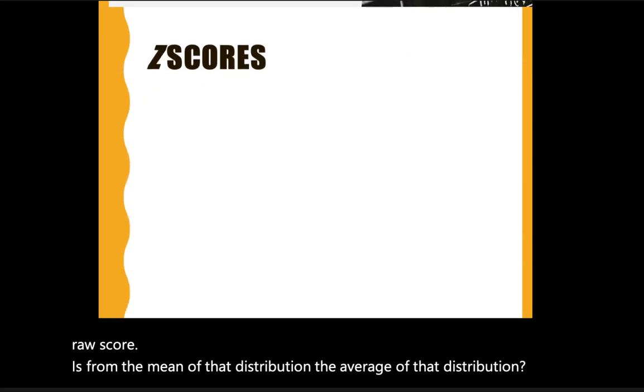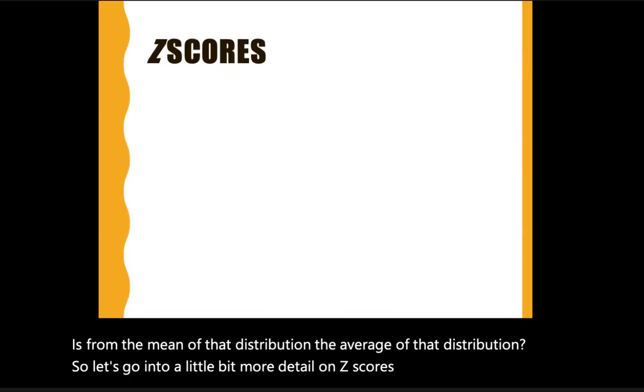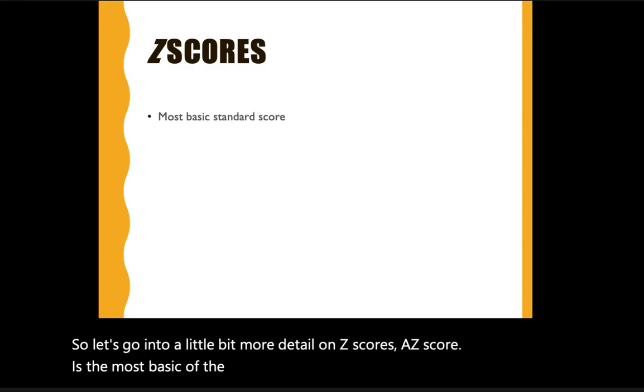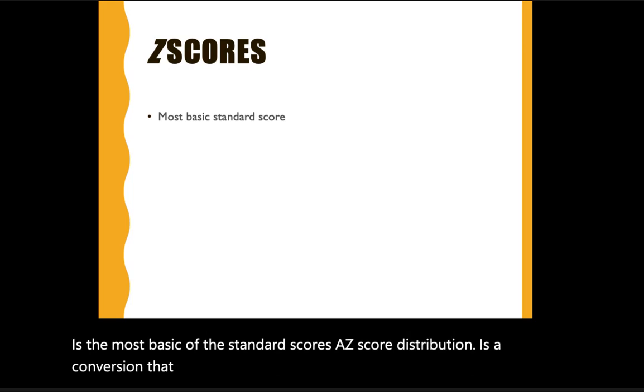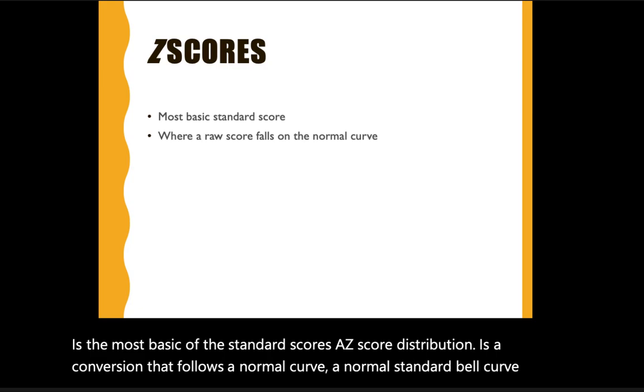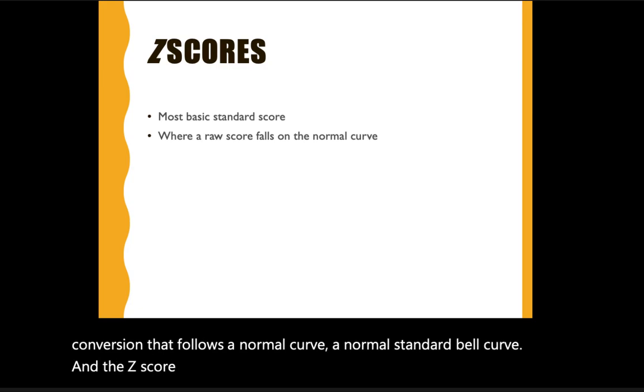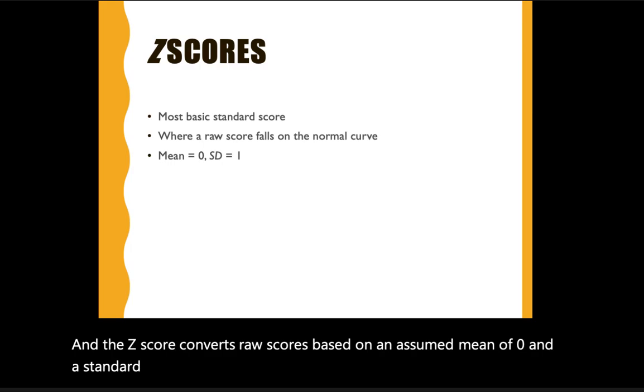So let's go into a little bit more detail on Z-scores. A Z-score is the most basic of the standard scores. A Z-score distribution is a conversion that follows a normal, standard bell curve, and the Z-score converts raw scores based on an assumed mean of 0 and a standard deviation of 1.